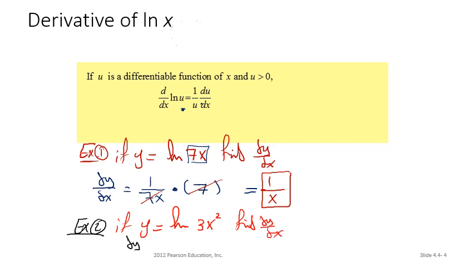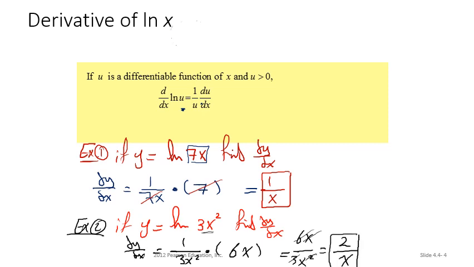So dy by dx is equal to 1 over the function, which is 3x squared, multiplied by the derivative of the function itself, which is 6x. This can be written as 6x over 3x squared. 6 divided by 3 is 2, and cancelling one of the powers of x, it's 2 over x.